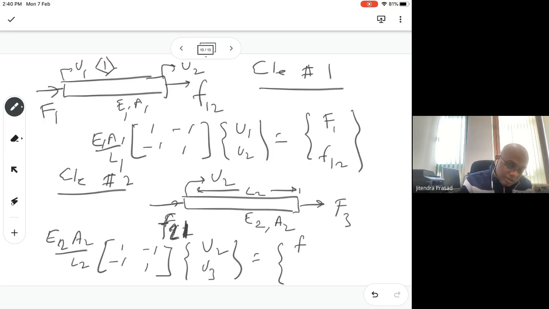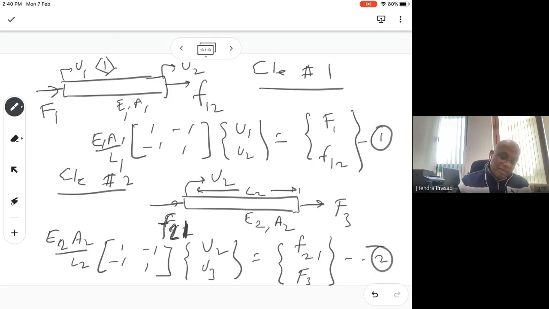F12 is here, this is F21. So this is F21 and F3. So we have equation 1 here and equation number 2 here.